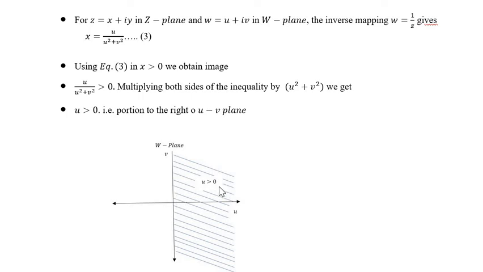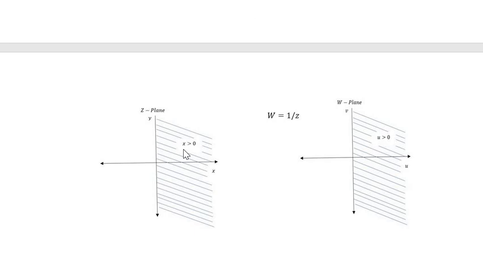The portion to the right of the uv plane is the image of x greater than 0 under 1 upon z. Thus the region x greater than 0 under 1 upon z is mapped to u greater than 0.